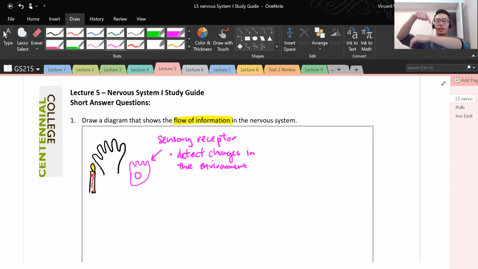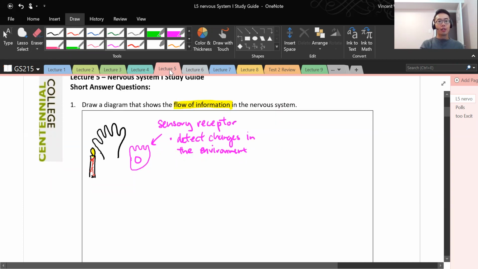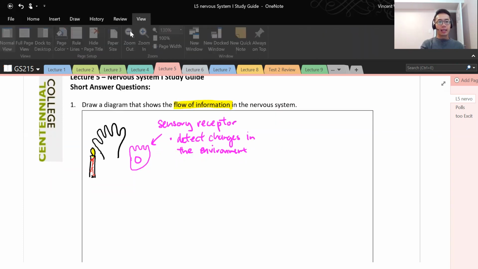Like you can poke it with a blunt end of the pencil. That pressure feels different than if you poke it with a sharp end. So how do you distinguish the two? Well, you have a pressure receptor for that. Okay, so that's that.